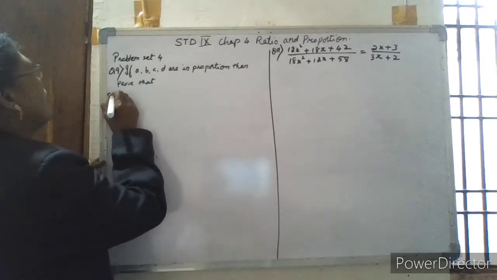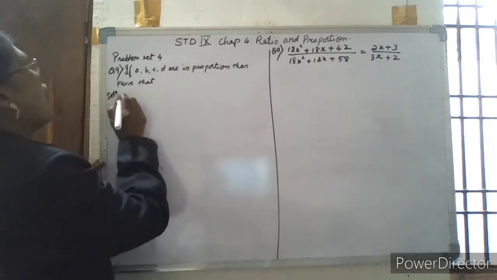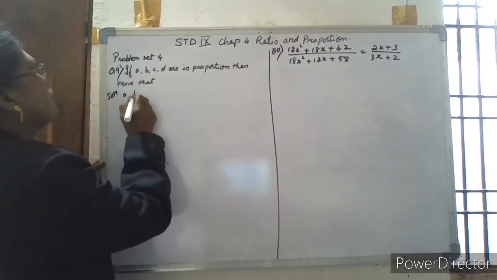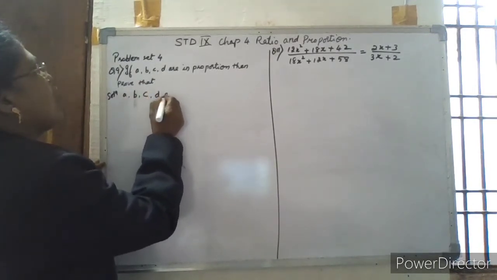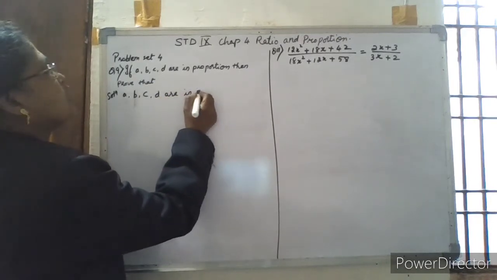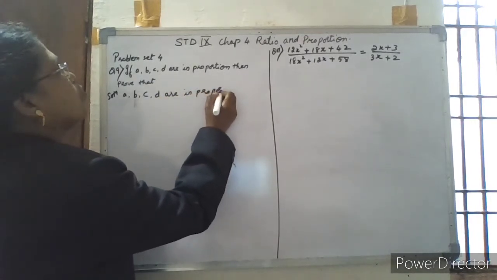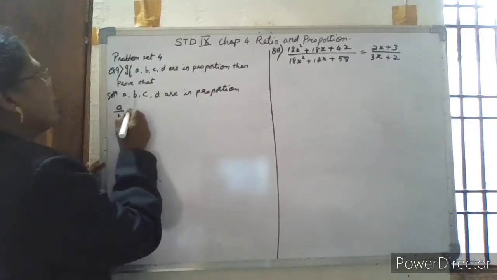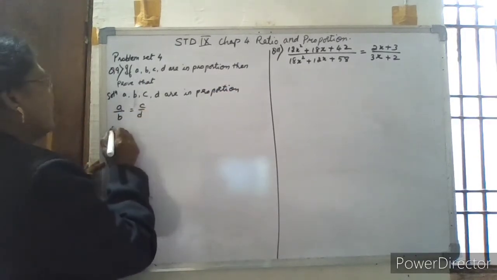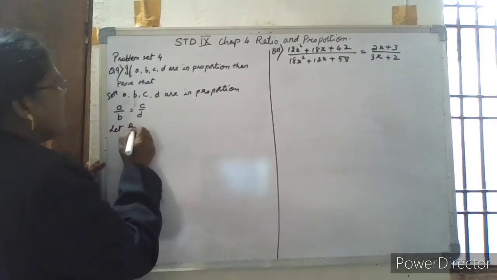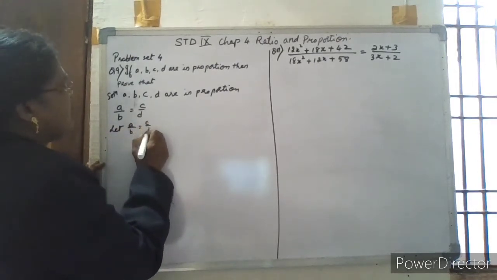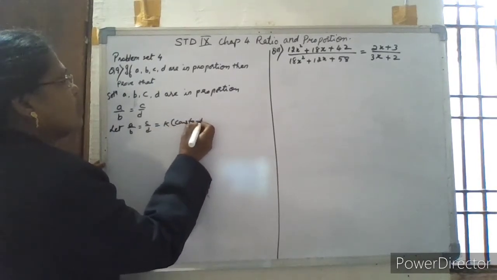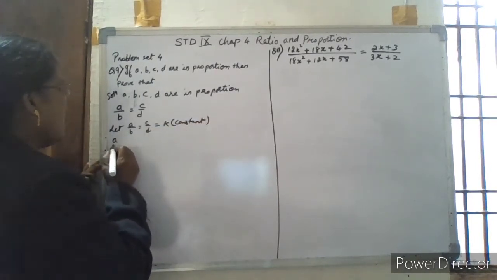So here A, B, C, D are in proportion. Therefore, A by B is equal to C by D. So let us take A by B is equal to C by D is equal to K constant.